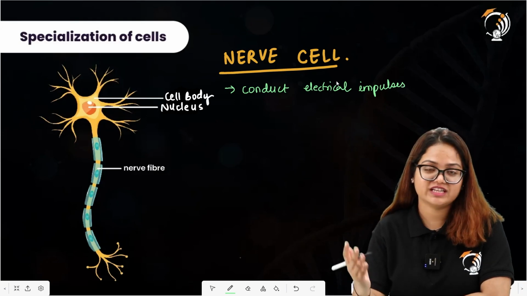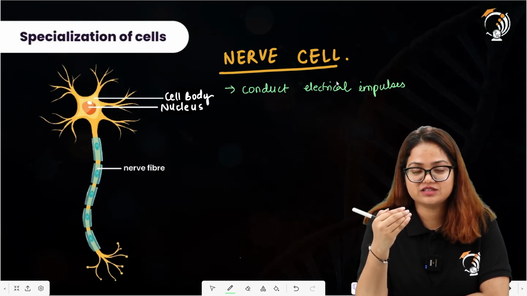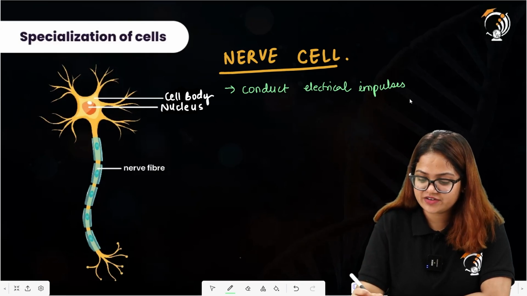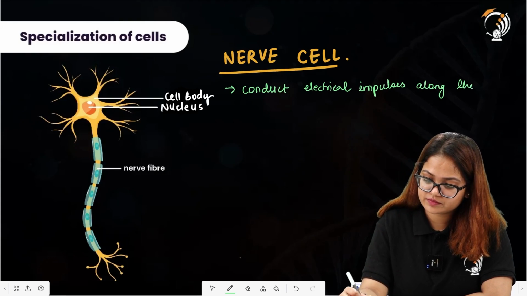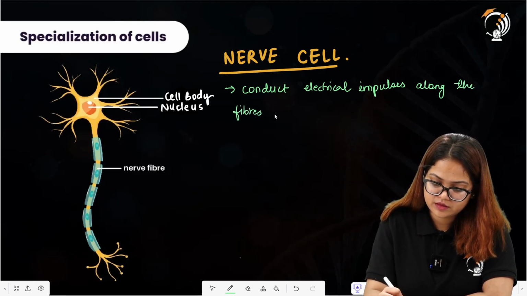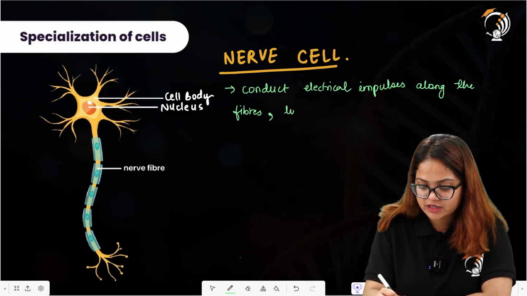So it involves the CNS. CNS is the central nervous system, and in the central nervous system it has brain and spinal cord. So conduct electrical impulses along the fibers to and from the brain and spinal cord.